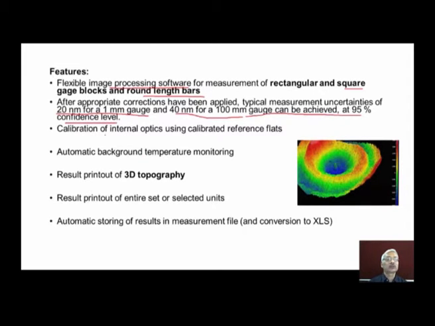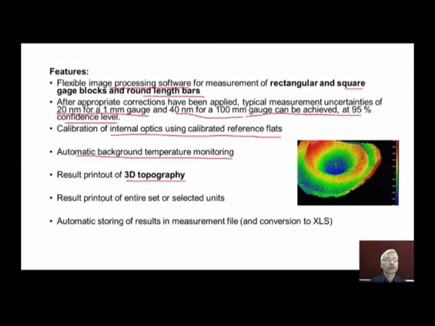And calibration of internal optics using calibrated reference flats is possible, and it is also possible to have automatic background temperature monitoring if there is any variation in the temperature, and it can be compensated automatically. A 3D topography of the work surfaces can be had.